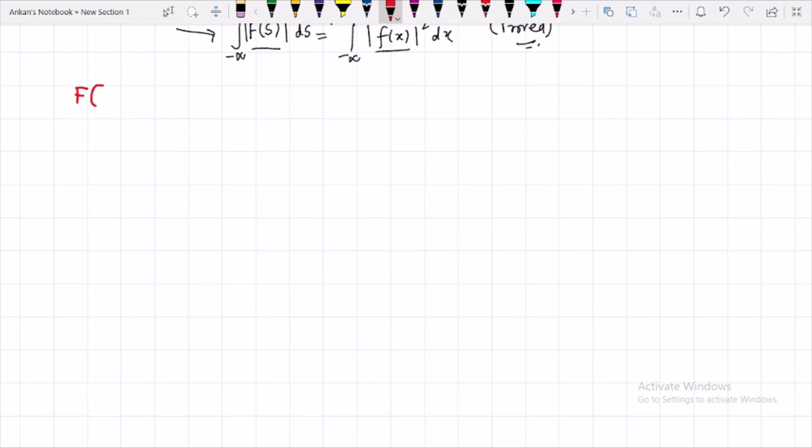So we have learned that the Fourier transform of f(x) is 1 by root 2 pi, the integral from minus infinity to infinity of f(x) e to the power isx dx. By using this definition you can find out the differentiation of the Fourier transform. How? Let us find out the Fourier transform of the derivative of f(x).